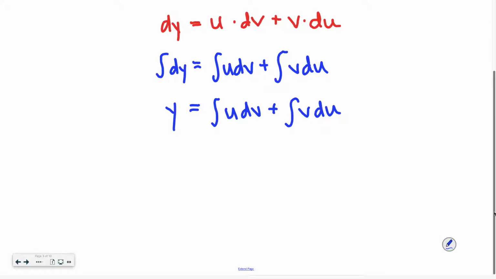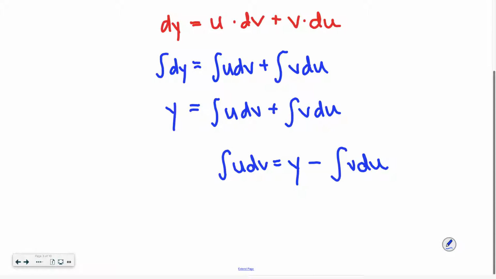All right, so now I am going to rearrange. I'm going to keep u dv, but then I'm going to subtract the integral of v du. Are you okay with my math? Just the rearranging of the equation.